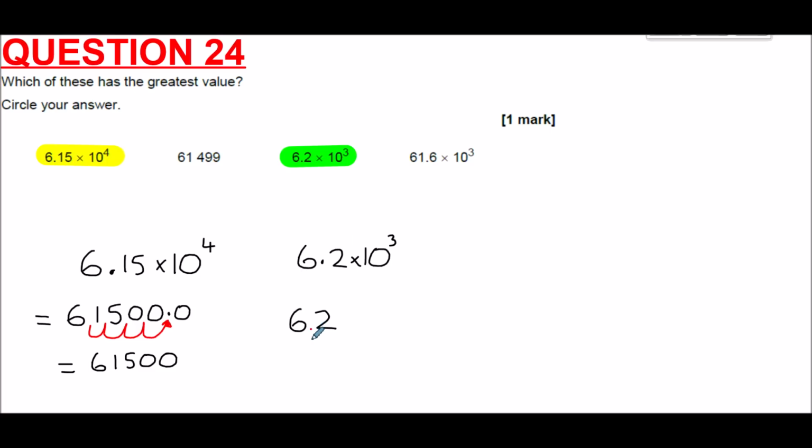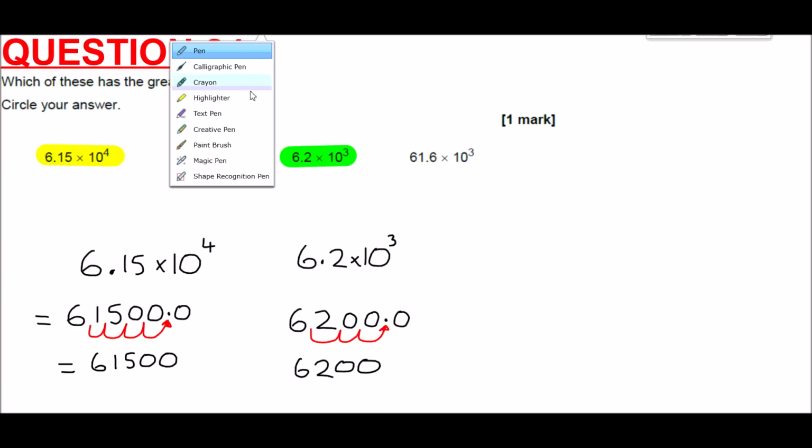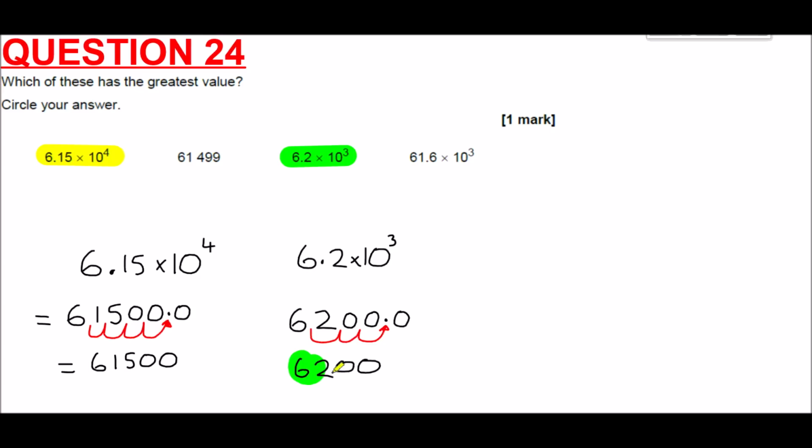So 1, 2, 3 places, jumps over 2, over 0, over 0 and lands here. And so this number is 6,200. The first number I said was 61,500.